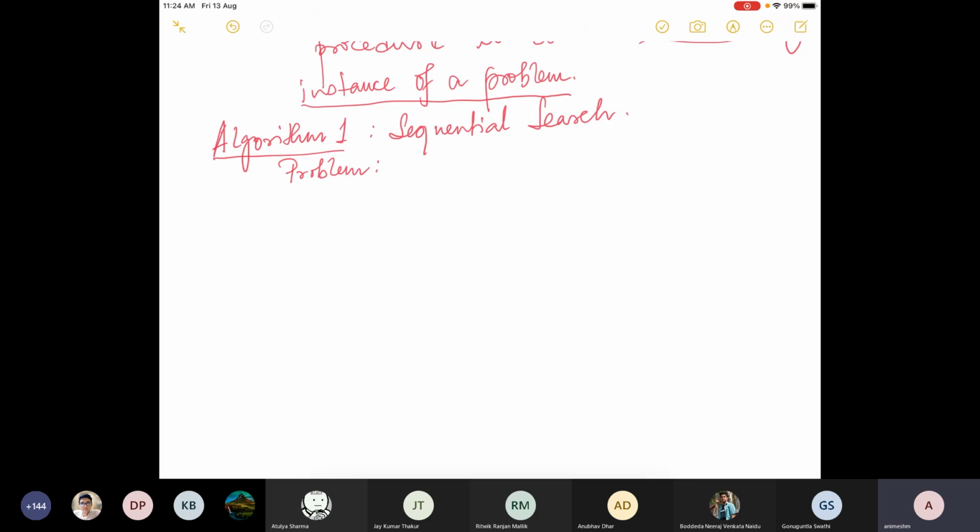Here the problem statement is: is the key x present in the array S of n keys?